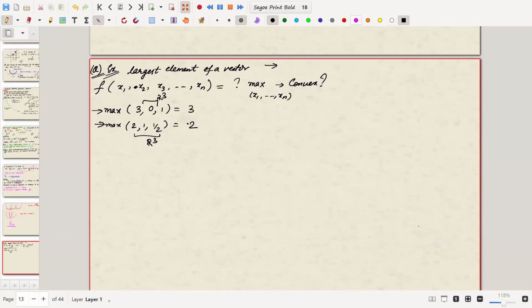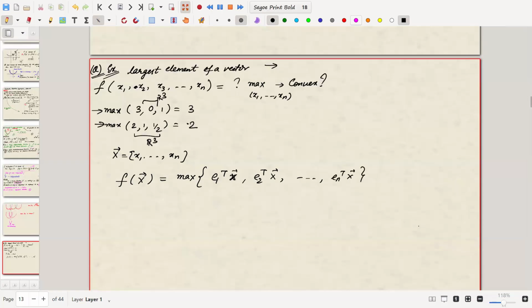Let me denote this vector x, which is x1, x2 up to xn. So f of x vector is now the max of E1 transpose x, E2 transpose x, and so on, En transpose x. Do you think it's one and the same?